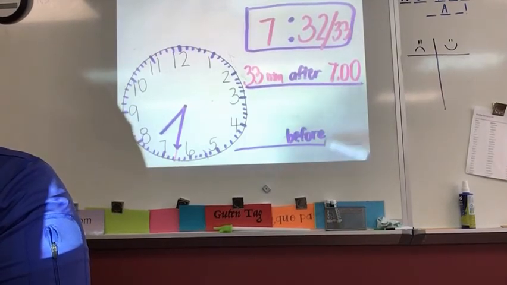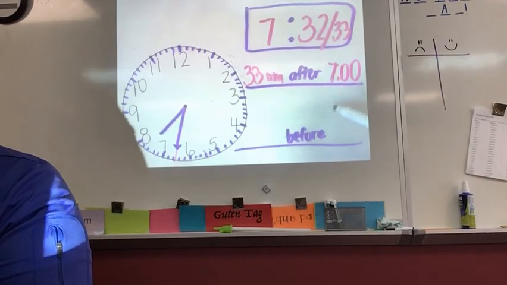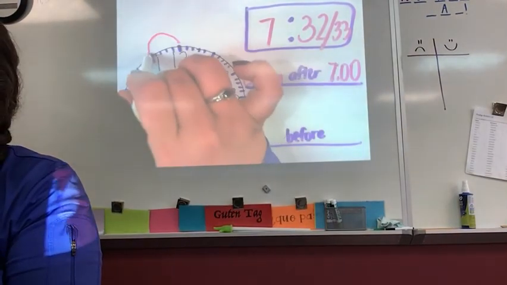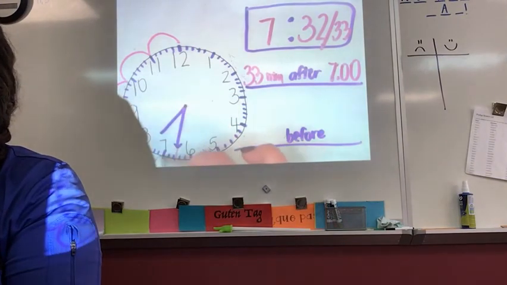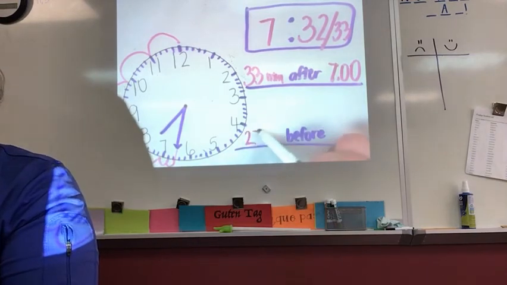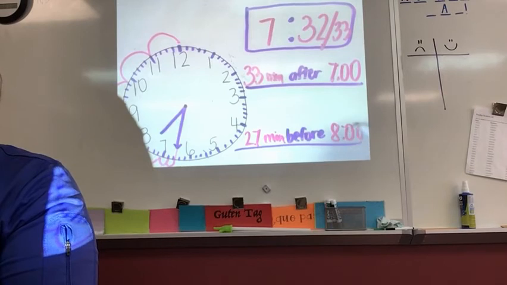Then to find how much time before the next hour, let's count. 5, 10, 15, 20, 25, 26, 27. 27 minutes before 8 o'clock.